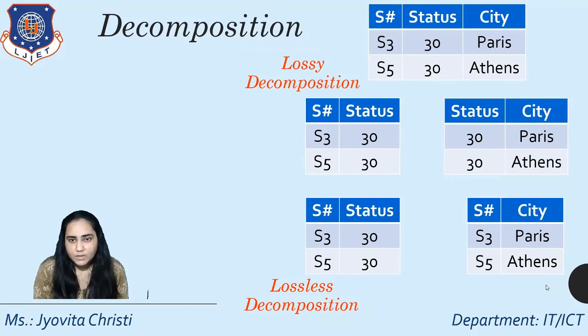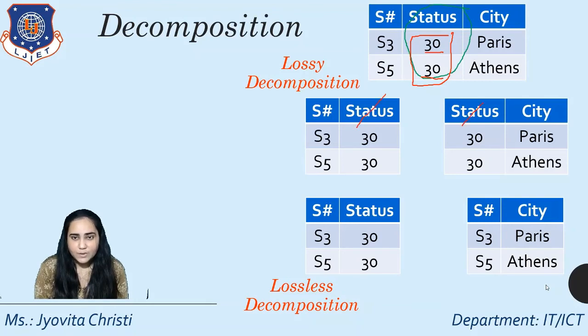So if you look at the table, you'll notice that status is in no way a primary key. Would you call status a primary key? No, because status contains 30, which is coming twice, and both the times you can see that it is coming with different values. So you cannot say that status could be a determinant in a functional dependency.